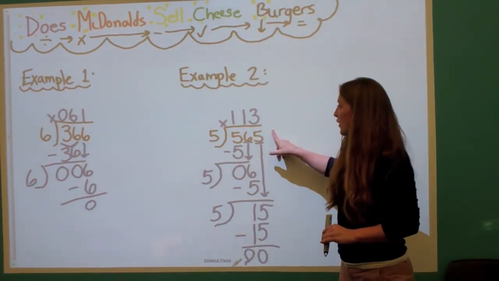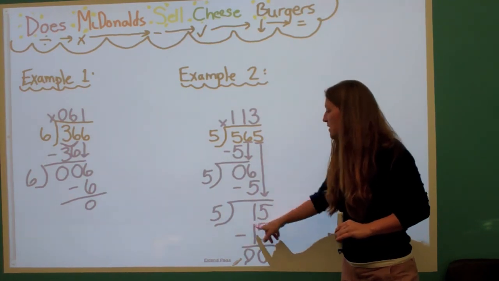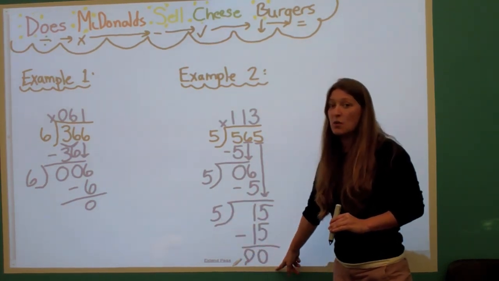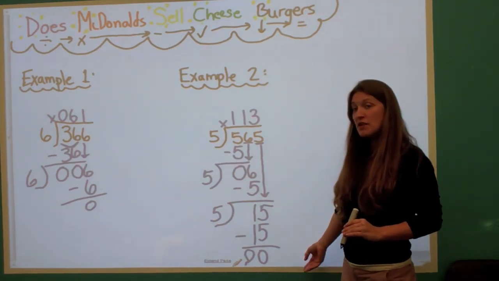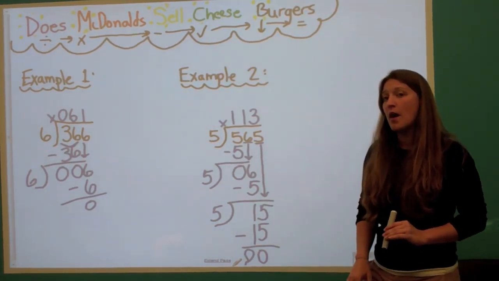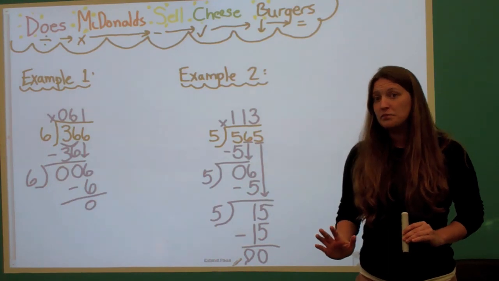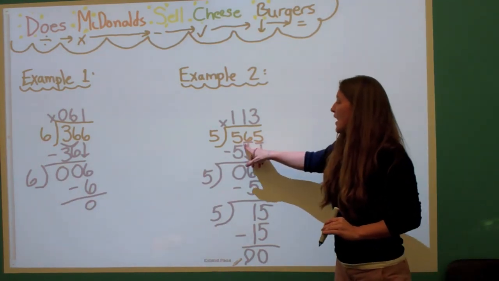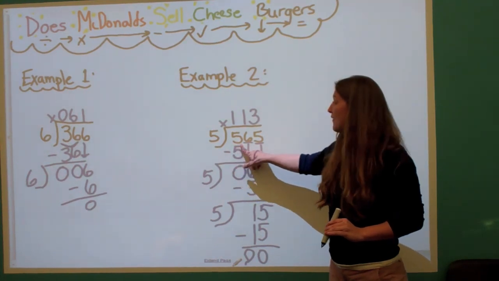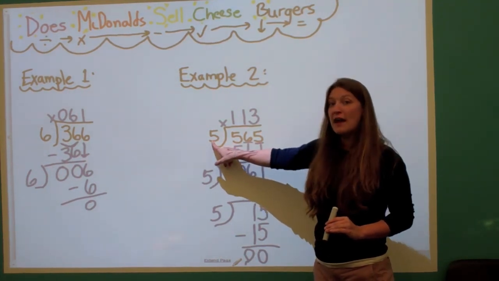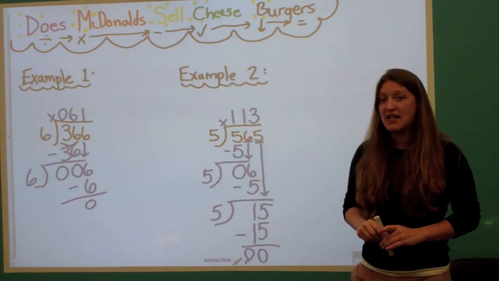I look to see if there are any more numbers to bring down, because 5 cannot go into 0. There aren't any more numbers to bring down, so I know my division problem is over. So that tells me that the quotient to this division problem, 565 divided by 5, is 113.